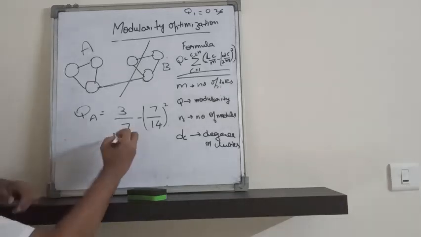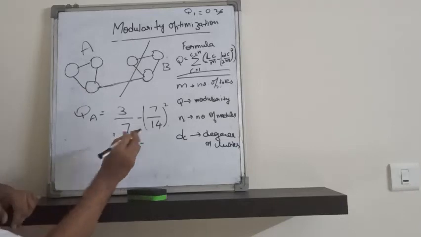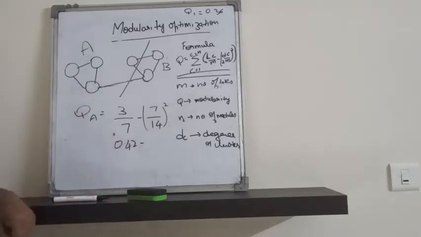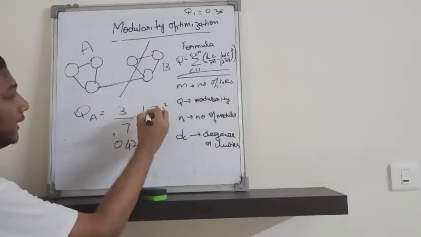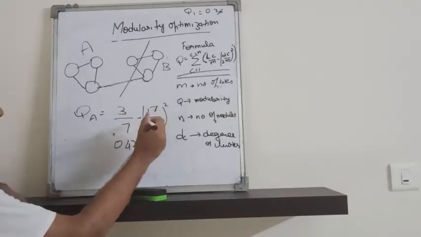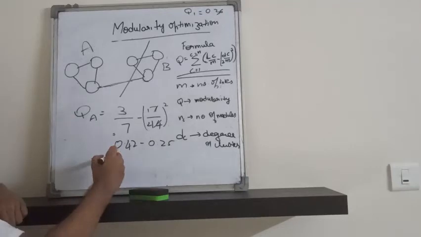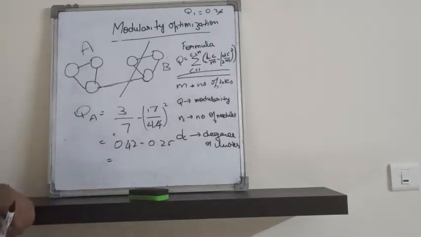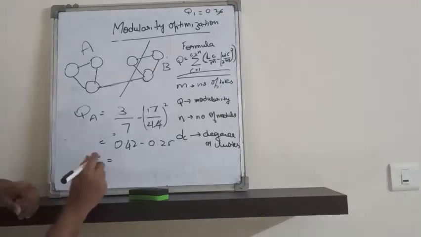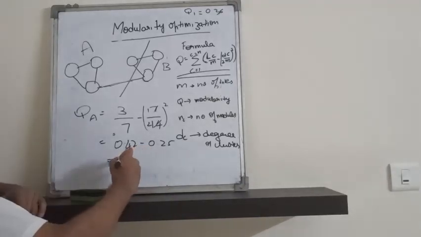The value for 3 by 7 is 0.42 minus 7 by 14, which is basically 1 by 2, and 1 by 2 whole square is 1 by 4, that is 0.25. So what is 0.42 minus 0.25? 0.42 minus 0.25 is 0.17.